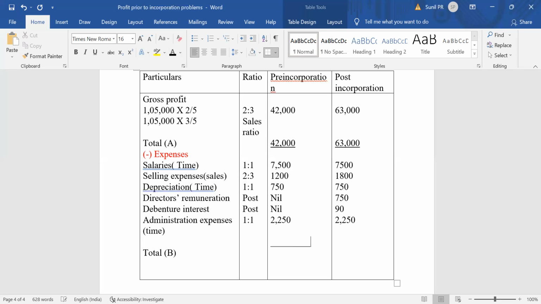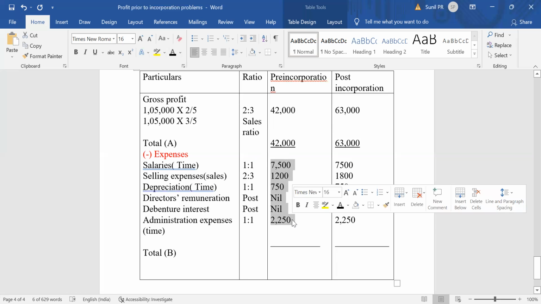That was the total of A. Expenses are called the B side. Gross profit is called the A side.